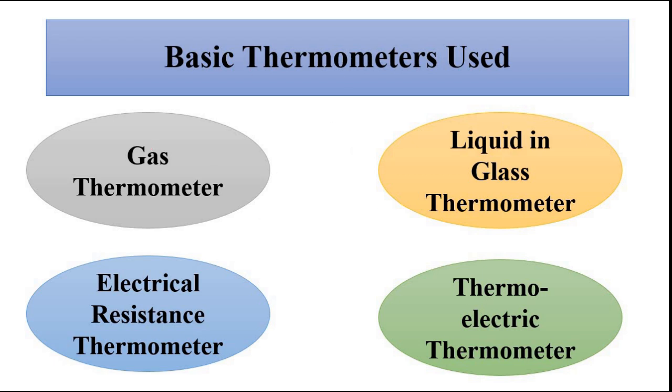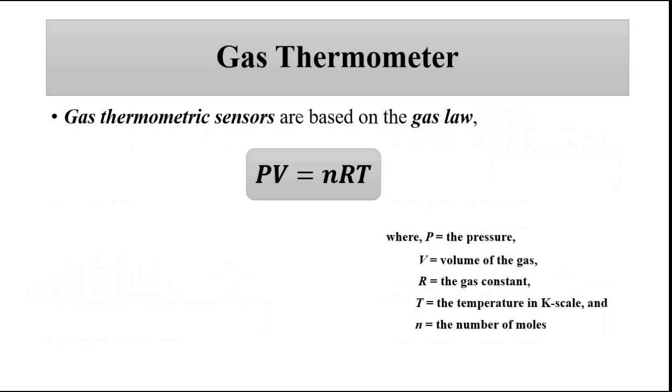So first, the gas thermometer. It is also called a gas thermometric sensor. Basically they are the same thing. As I said, it is based on the ideal gas equation, the gas law, PV = nRT, which is a combination of Boyle's law, Charles' law and Gay-Lussac's law combined.